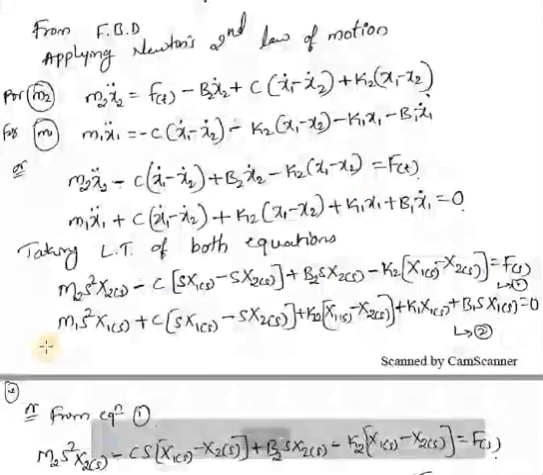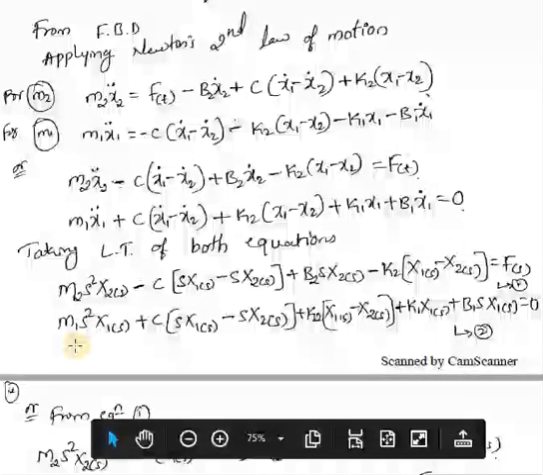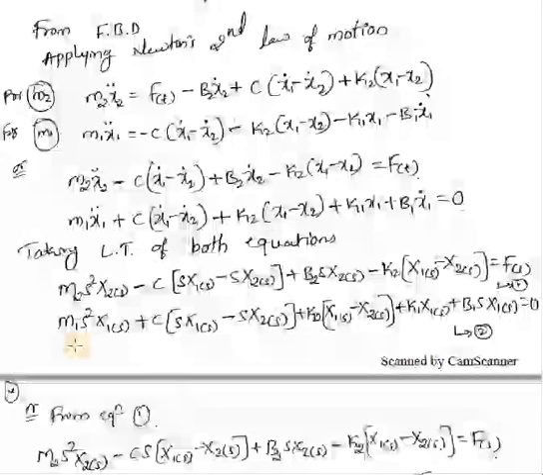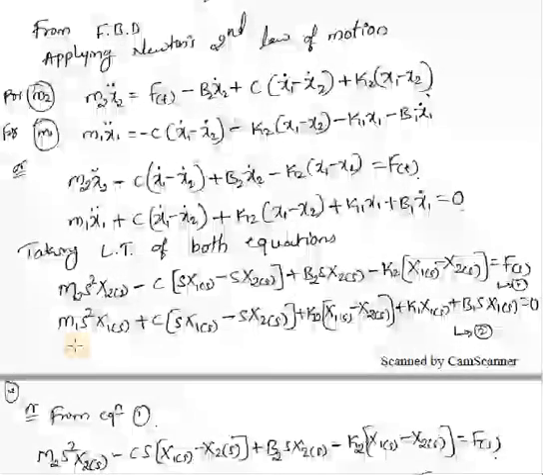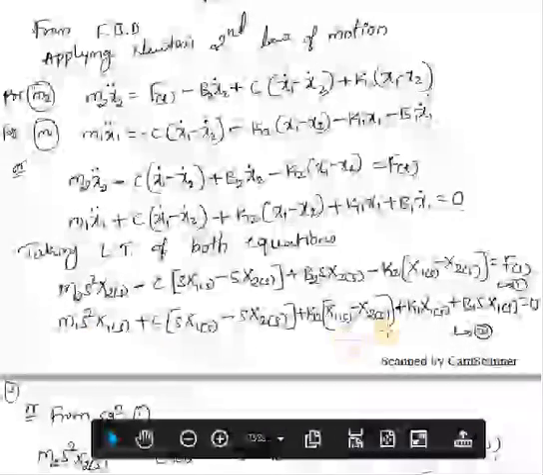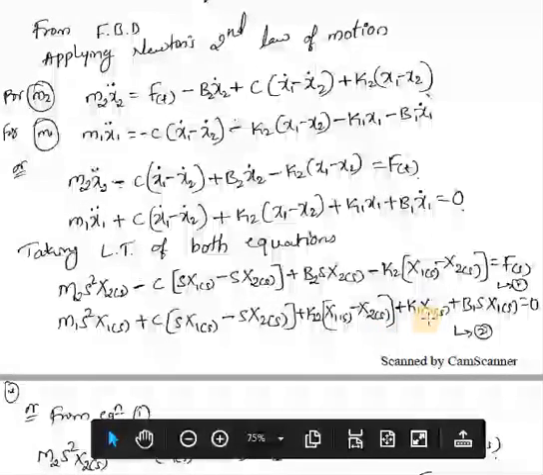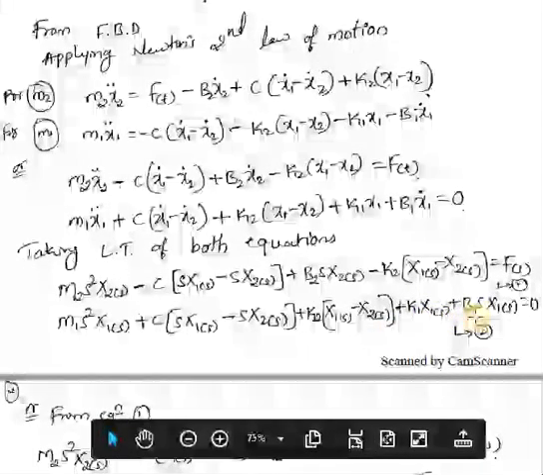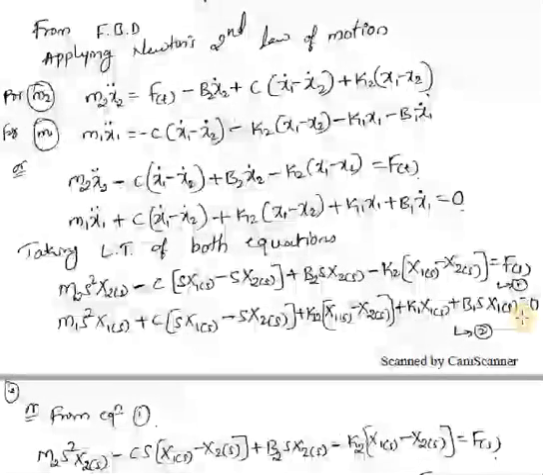Similarly, the second equation will be m1 s square into x1 of s plus c into s x1 of s minus s into x2 of s, plus k2 into x1 of s minus x2 of s, plus k1 into x1 of s, plus b1 into s into x1 of s is equal to 0.